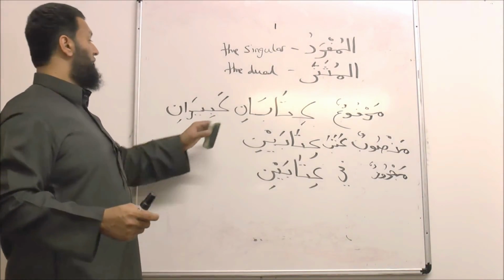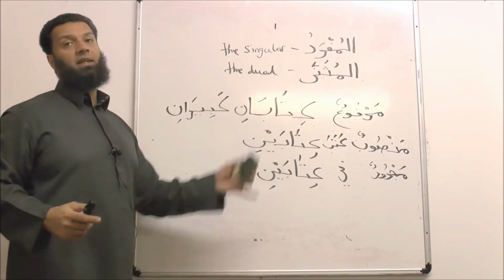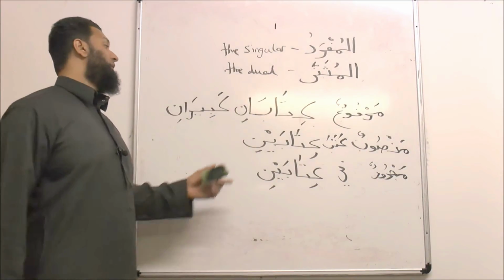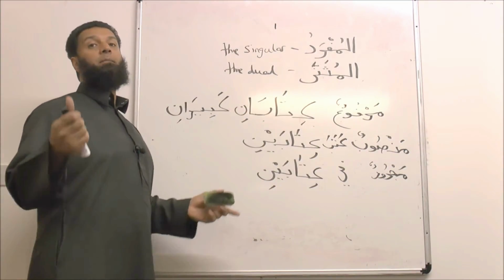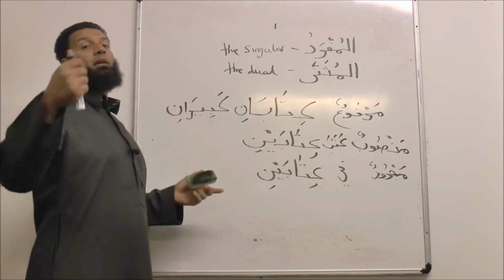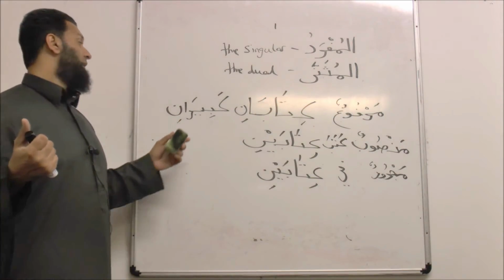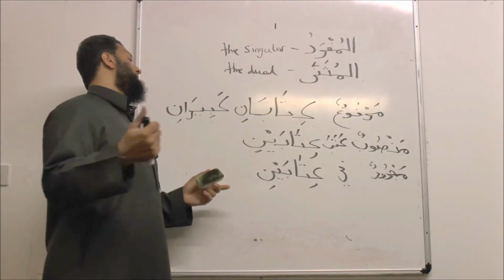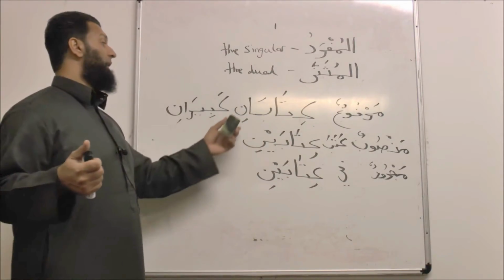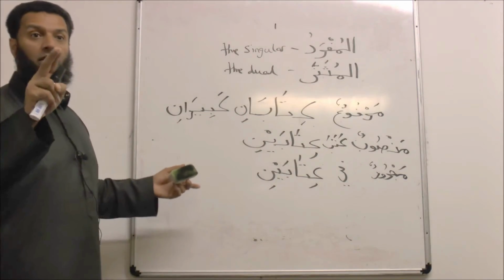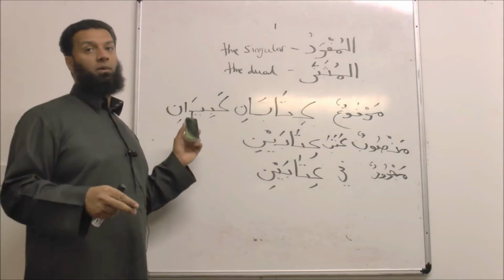So kabirani matches kitabani in gender, because kitabani is male and kabirani is male. It matches in number, because kitabani is dual and kabirani is dual.